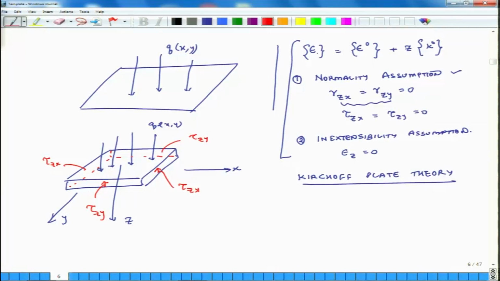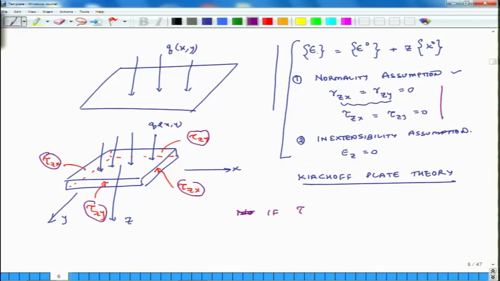But based on our assumptions, all these stresses are 0, because we have assumed gamma zx is equal to 0, gamma zy is equal to 0. Now, if these stresses are 0, then there is nothing to resist q.